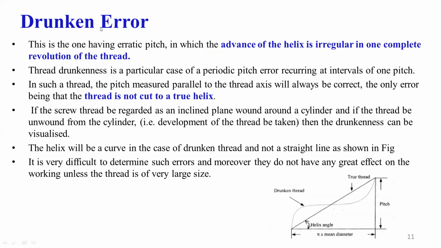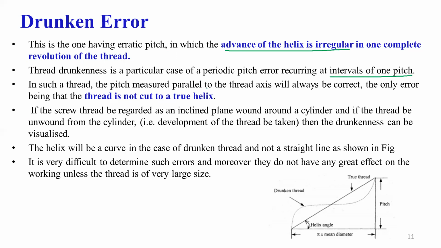The third error is a drunken error. So this is having an erratic pitch, in which the advance of the helix is irregular in one complete revolution of the thread. The thread drunkenness is a particular case of periodic pitch error, which occurs at intervals of one pitch.